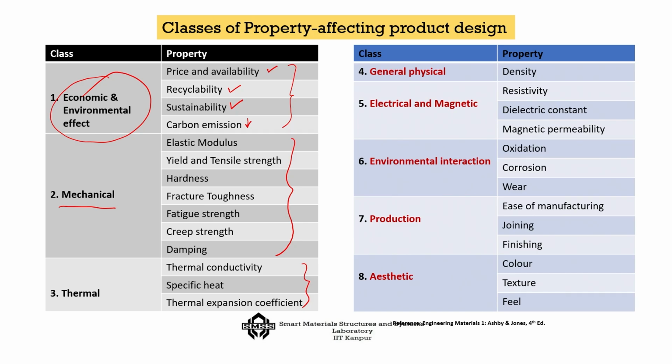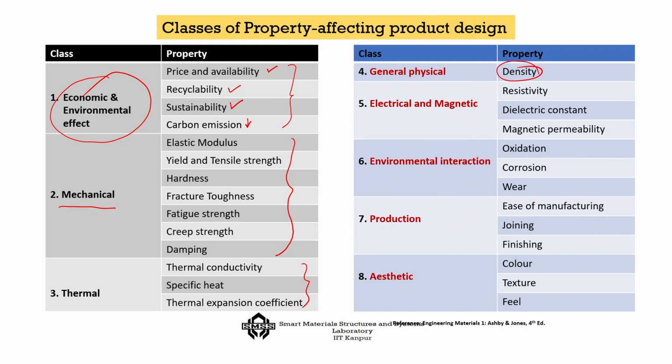Then the fourth group are the general physical properties. For example, density is a general physical property which always bothers us, because we will talk about how to make a structure lightweight. Lighter weight means lesser energy consumption and also it is more sustainable, and if something is lighter, then it is also portable.